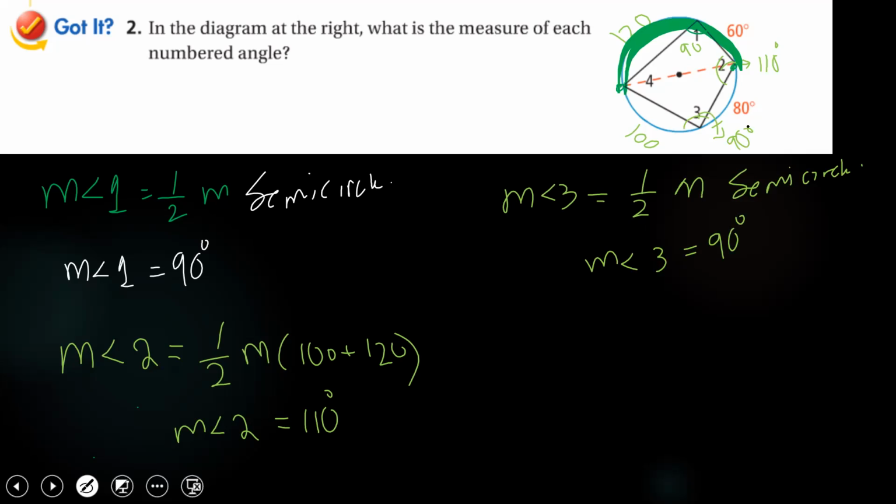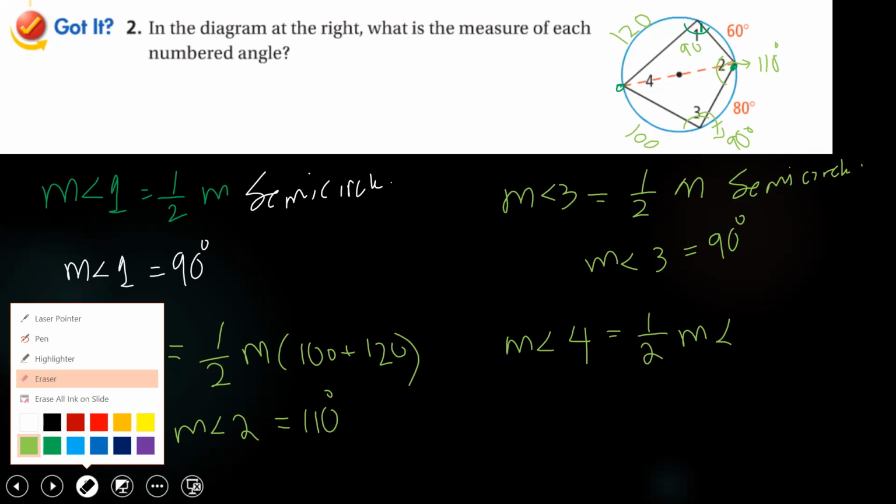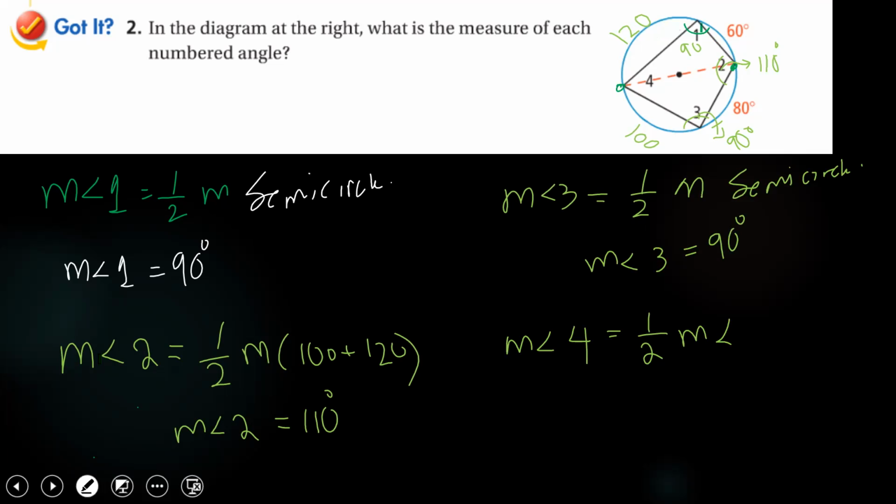Now let's go to the measure of angle 4. The measure of angle 4 is half the measure of its intercepted arc. This is angle 4. Now where's the intercepted arc? It will be 60 plus 80.